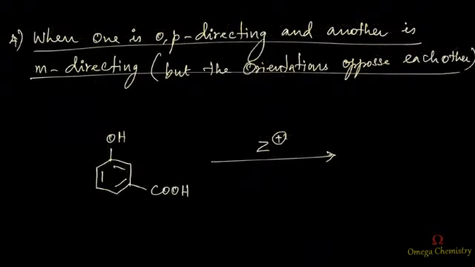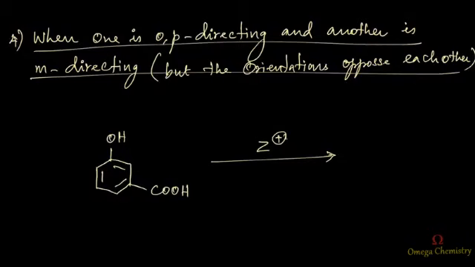And the fourth one is when one group is ortho-para directing and the other one is meta directing, but the orientations oppose each other. What will happen? See, here I have OH group and COOH group. Of course, the OH group is ortho-para directing and the carboxylic acid group is meta directing. So when we have two different directing groups substituted in the same benzene ring, the one which is ortho-para directing will have the upper hand.